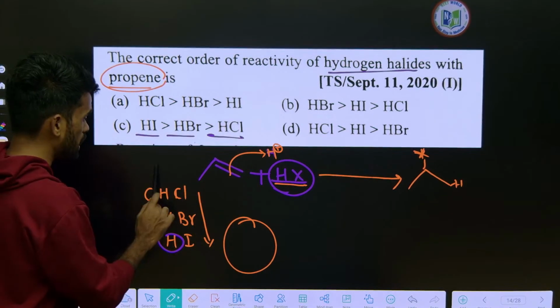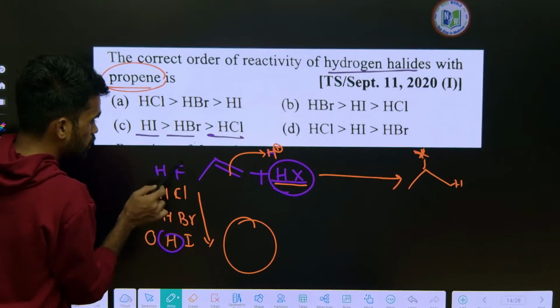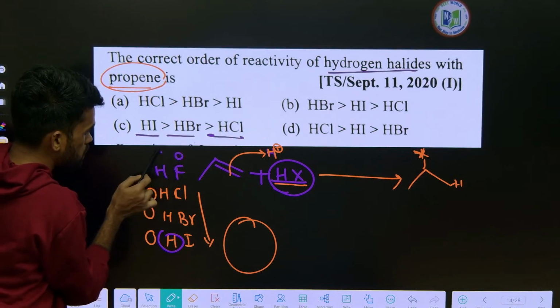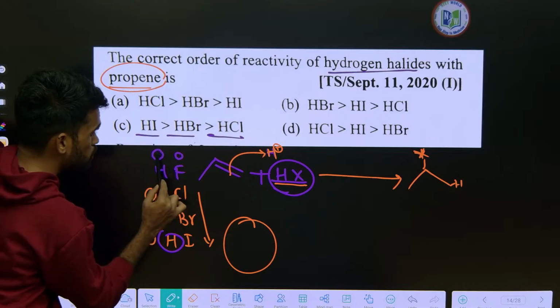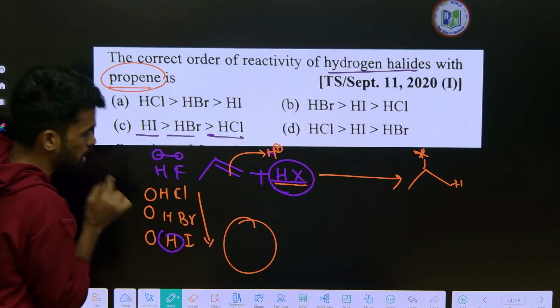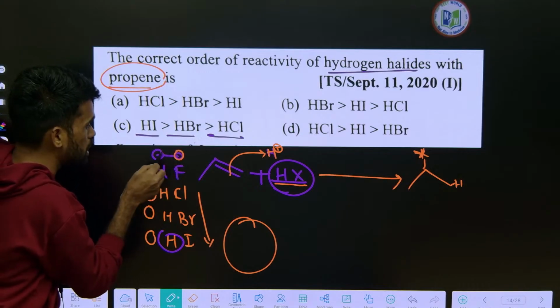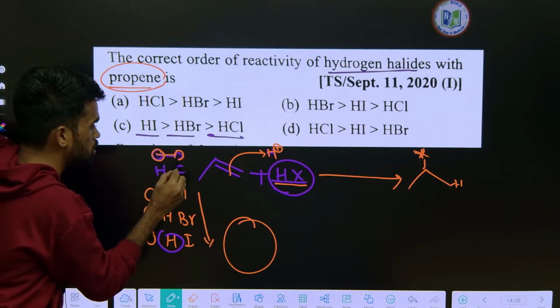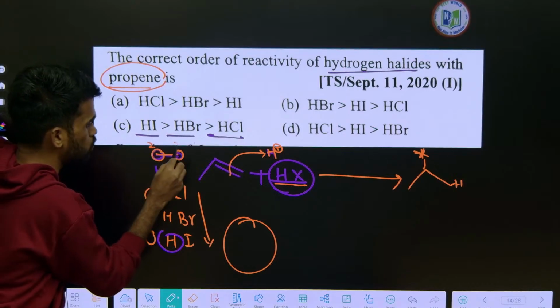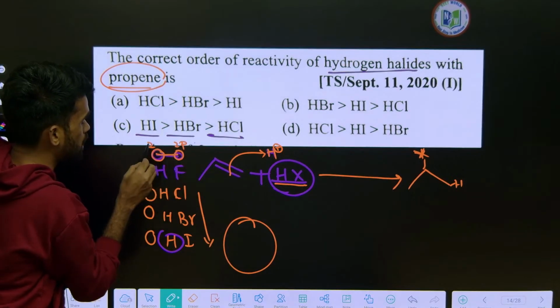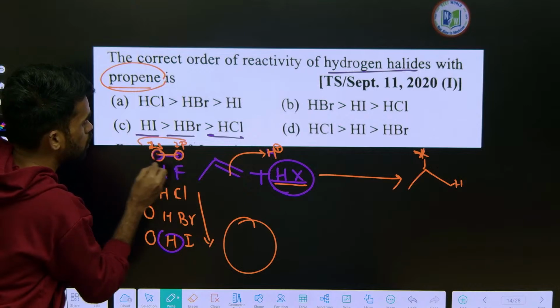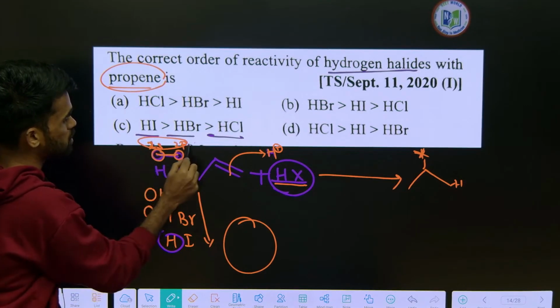If I write HF, the fluorine atom is small and the hydrogen atom is also small. Therefore their bond will be very strong compared with the others, because both have similar sizes. The 2p orbital of fluorine and the 1s orbital of hydrogen overlap to make this bond, which is a much stronger bond.